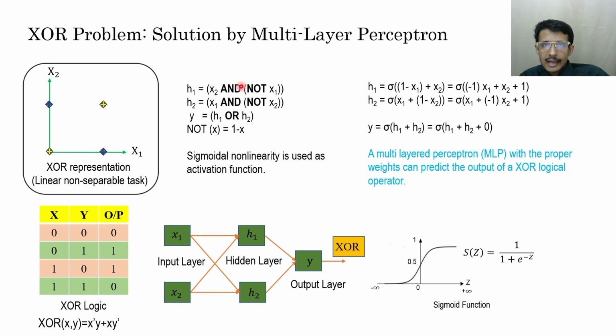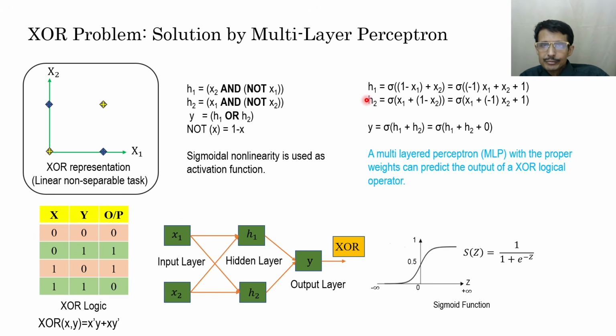From our concept of the single layer perceptron, this can easily be done. And now what is Y? Y is just H1 or H2. This is another single layer perceptron, so it can easily be realizable. And not means 1 minus x.